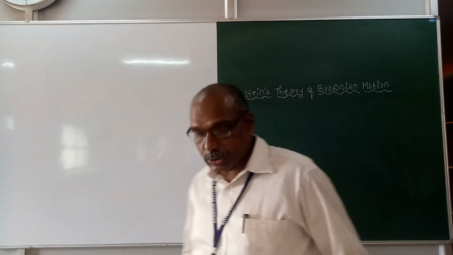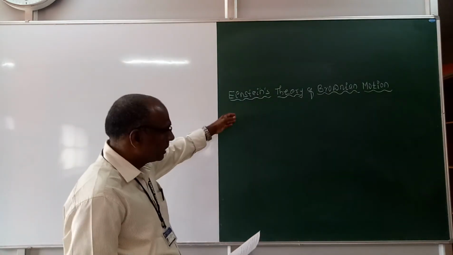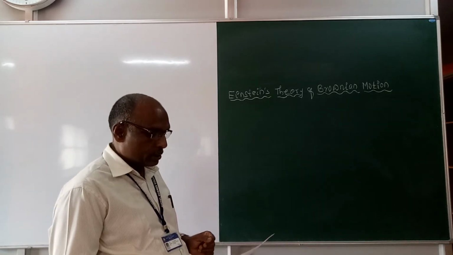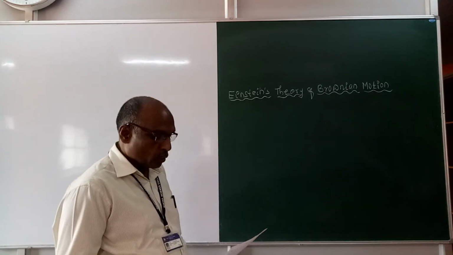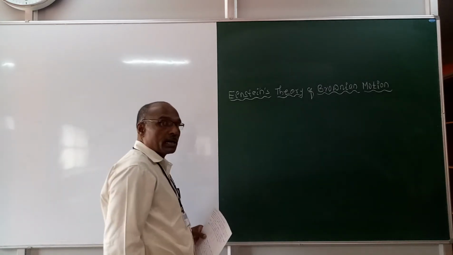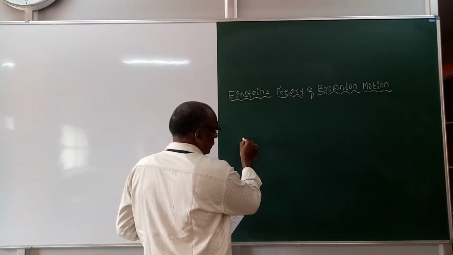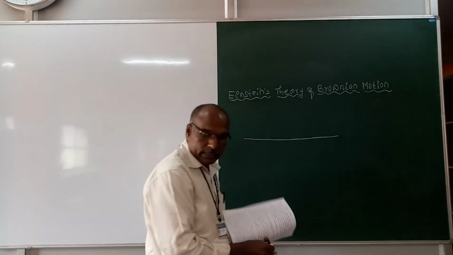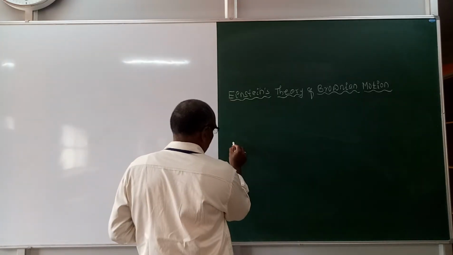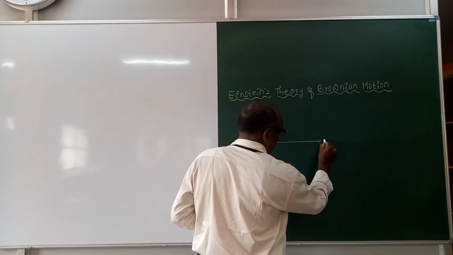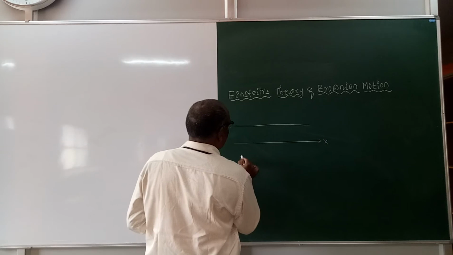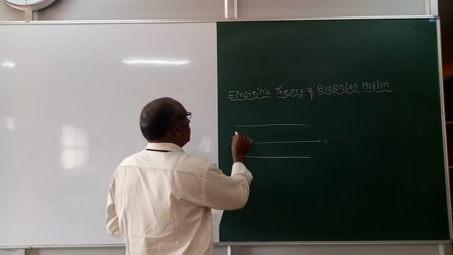Well, to start with Einstein's theory of Brownian motion, Einstein applied two different methods to find out the coefficient of diffusion. For this, I will take an imaginary cylinder in a medium, with this as the x-axis.